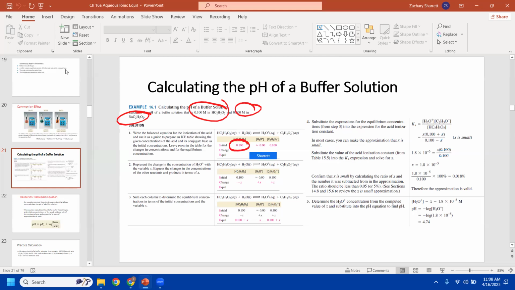We have 0.1 molar acetic acid as our initial, but what is this 0.1 molar acetate anion in there? What is this from, Rebecca? What is this from, Ray? Anybody know?